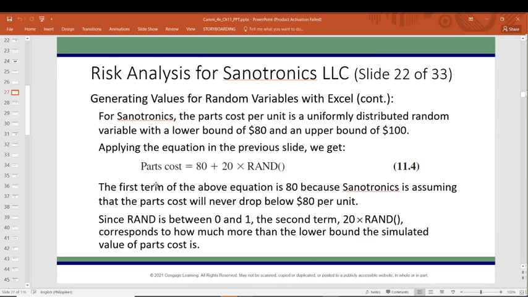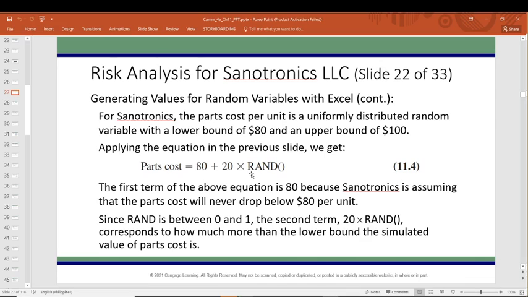Applying the equation, the parts cost is equal to 80 plus 20 multiplied by the random number. So 80, which is the lower bound, plus the difference between the upper bound and the lower bound, 20, multiplied by the random number.